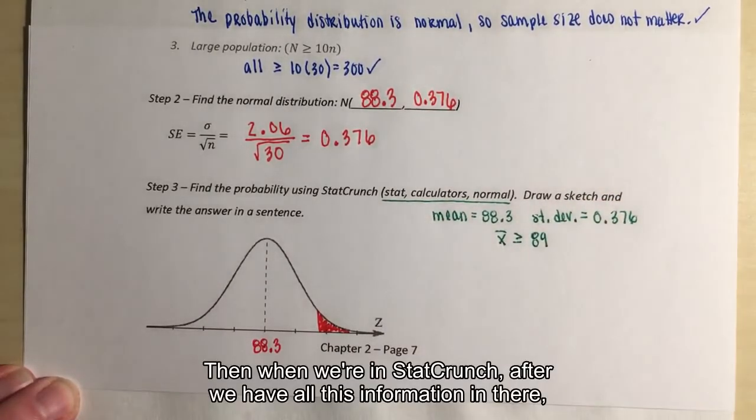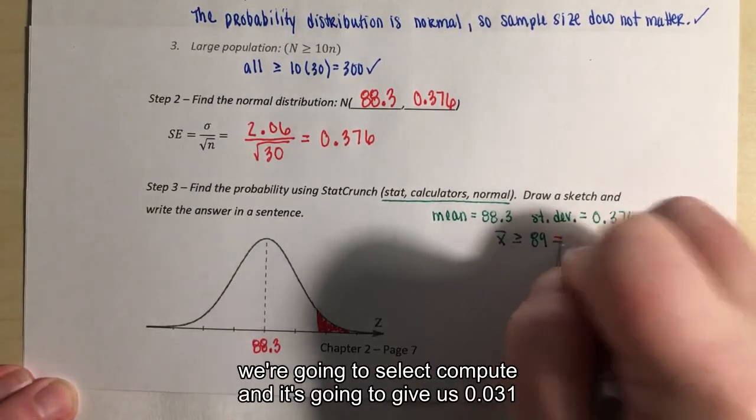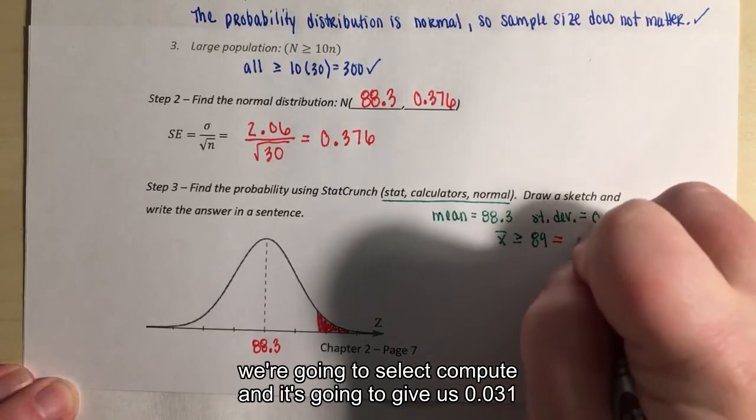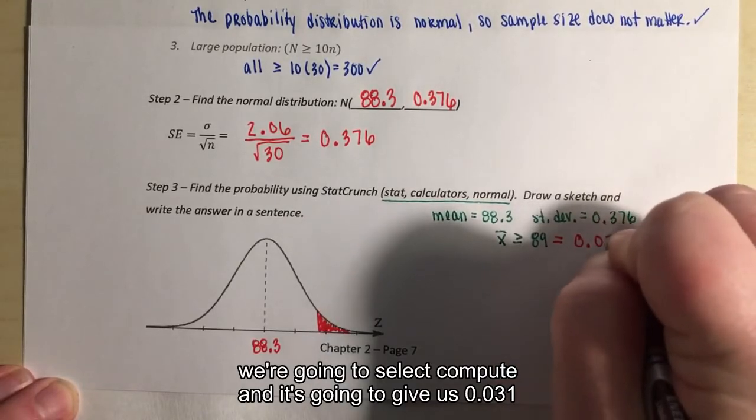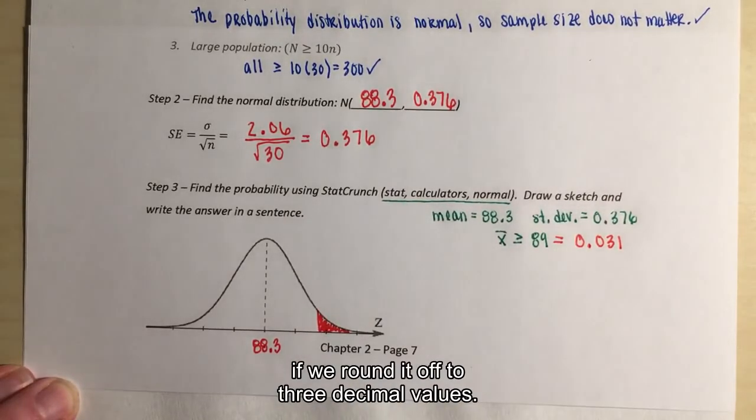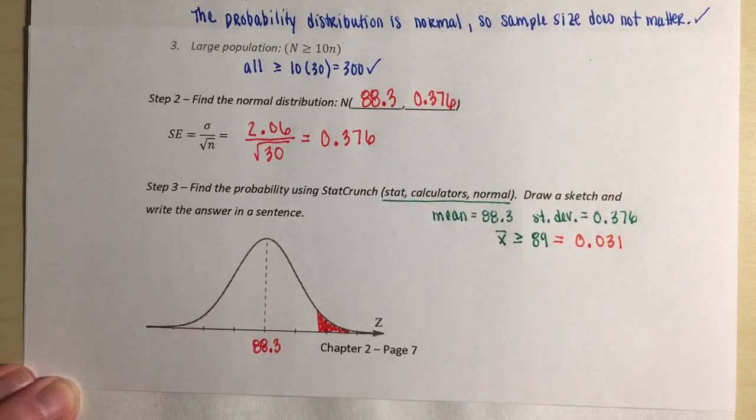And then in StatCrunch, after we have all this information in there, we're going to select Compute, and it's going to give us 0.031 if we round it off to 3 decimal places.